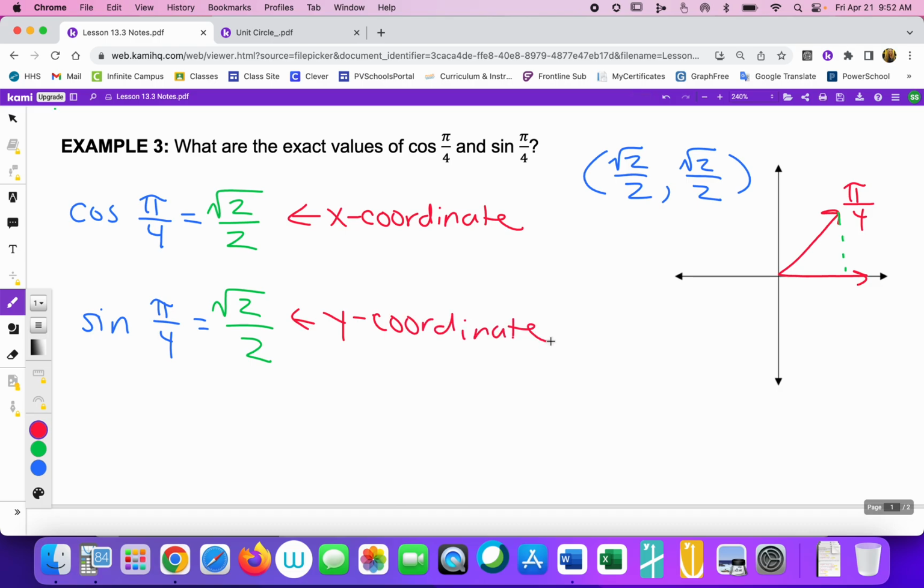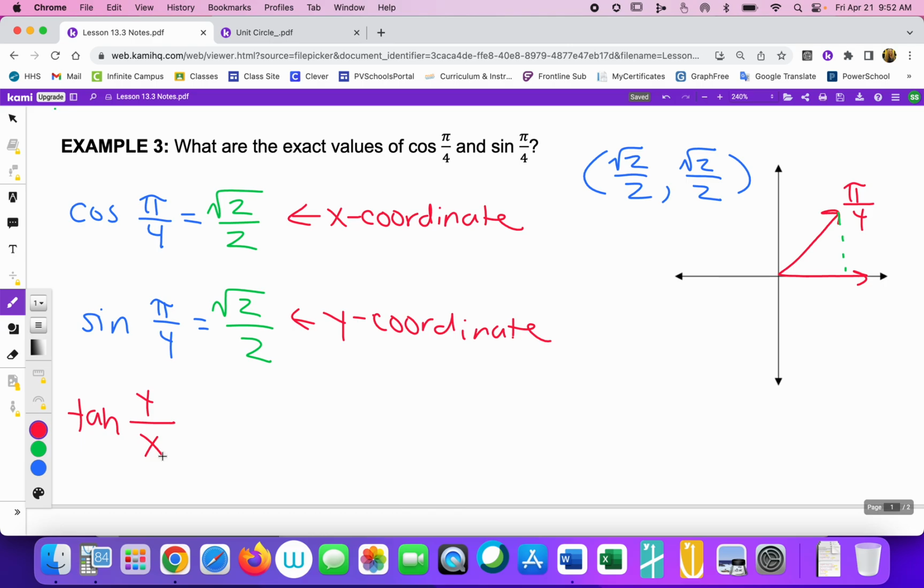How do you find tangent, since that's not on here today? Either opposite over adjacent, which is the y-coordinate divided by the x-coordinate. So the tangent, in terms of the coordinates, is y divided by x, which would be rad 2 over 2 divided by rad 2 over 2, which would be 1 in this case.